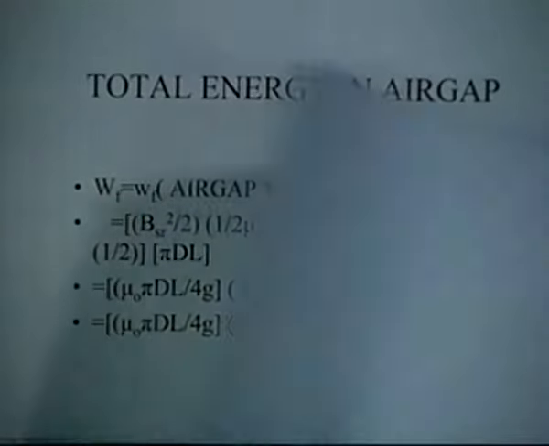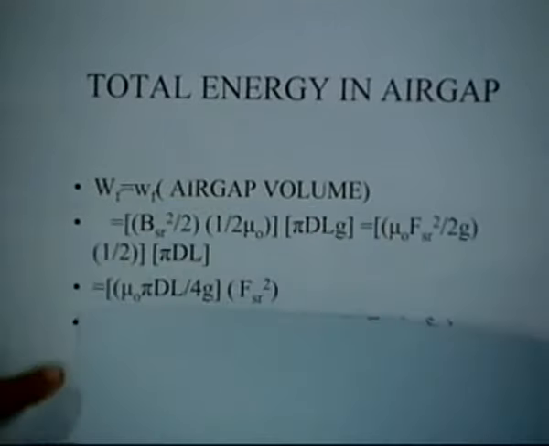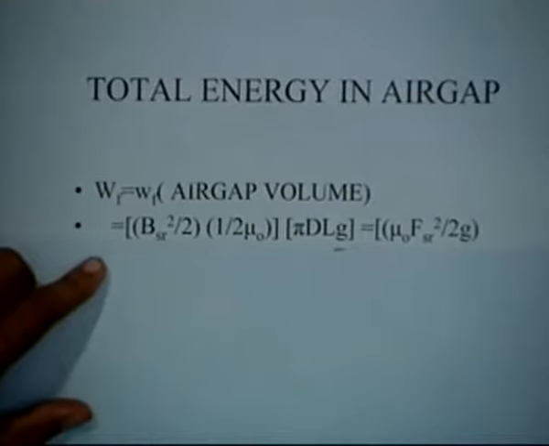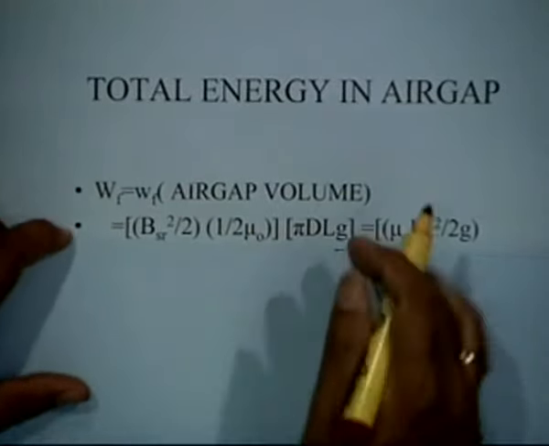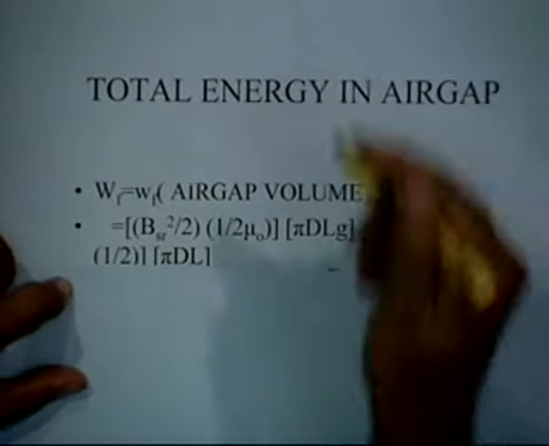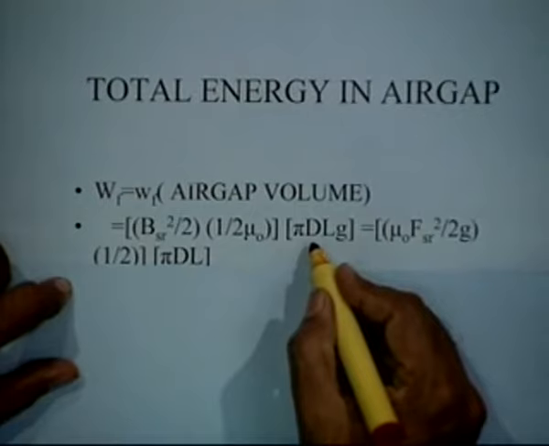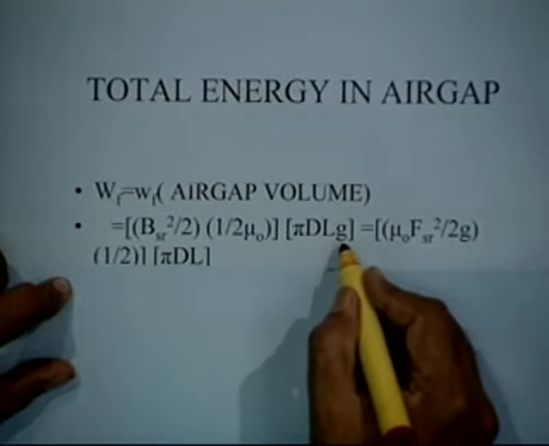Energy density is nothing but B_SR² by 2 into 1 by 2μ₀, which we have already obtained, and the volume of the air gap is π D L g, where D is the average air gap diameter, L is the length perpendicular to the surface, and g is the gap length.